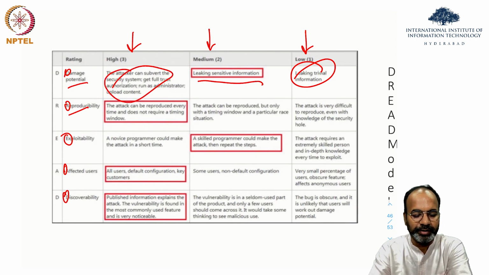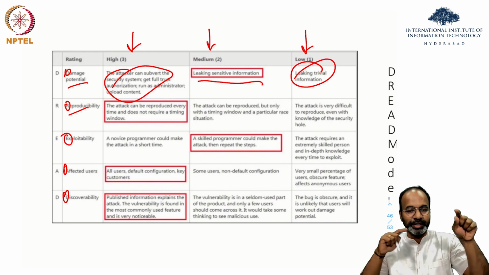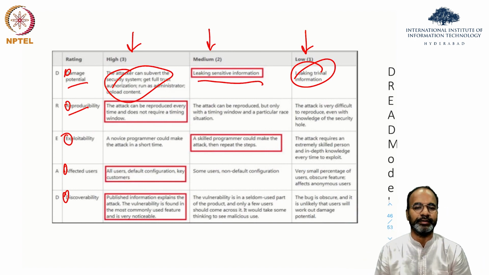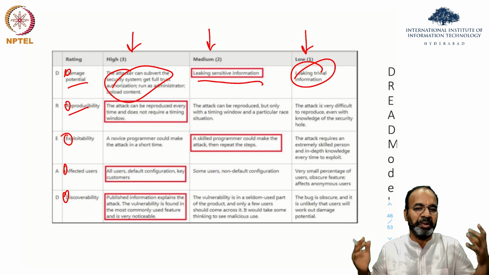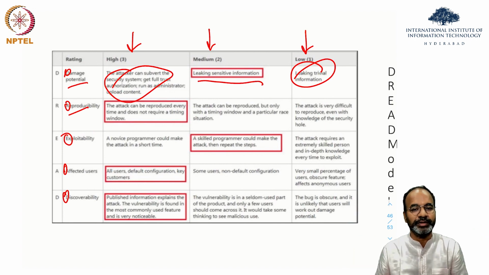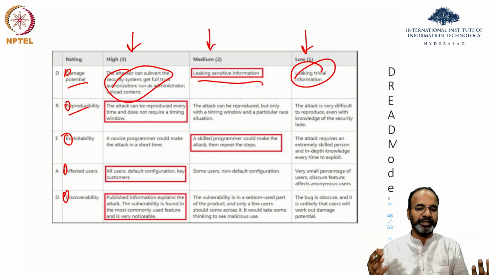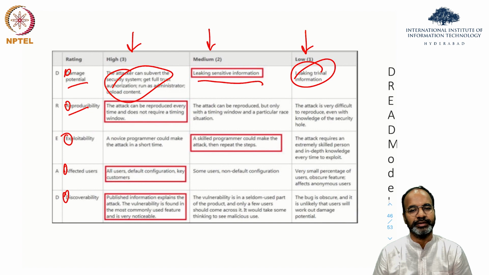If it's high, the attacker can subvert the security system, get full trust authorization, run as administrator, upload content, right? It's not necessarily through this, giving Srishti Gupta as the input and taking the details from the interface. If it's a high risk environment, somebody as an administrator can get access to the database and just change the details, upload a new set of files, and make all these details show up there, right?